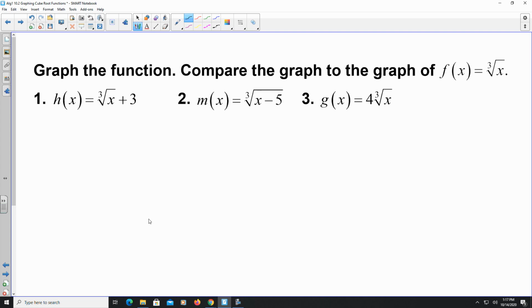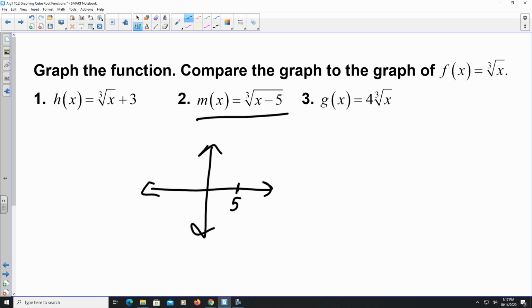If you were to look at this example here and we're just trying to graph it, basically where the graph will shift would be at essentially (5, 0). So if I had my (5, 0) here, it would look something like this, and then it would move in here.